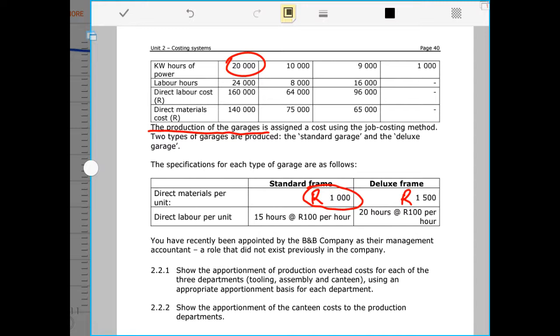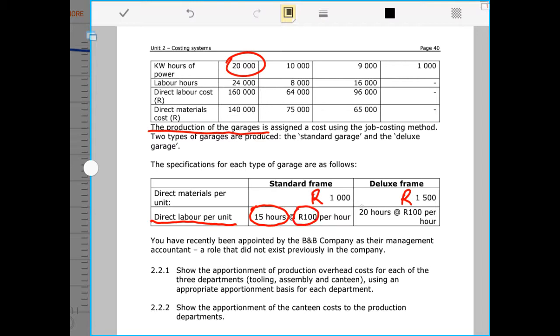And we are given the direct labor cost per unit. We are told that it takes 15 hours to complete one garage of standard frame, and each employee who is working on the standard frame garage is paid 100 rand per hour.